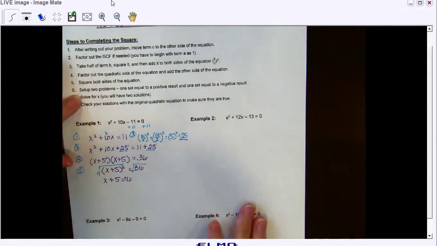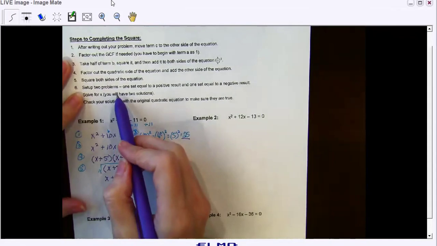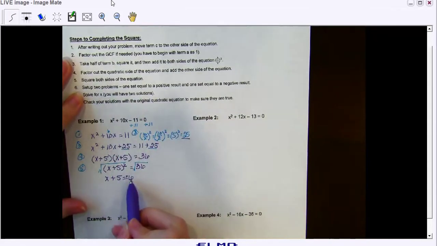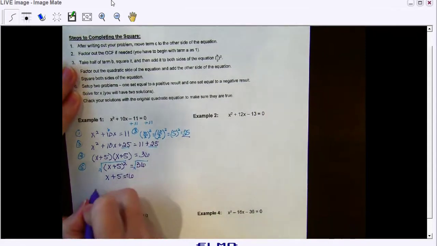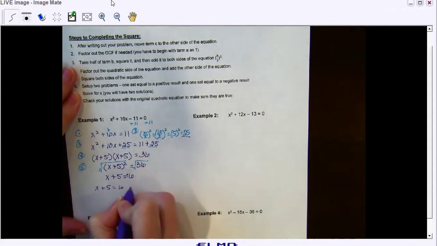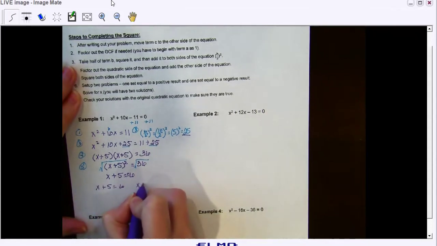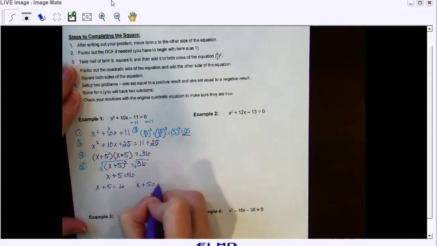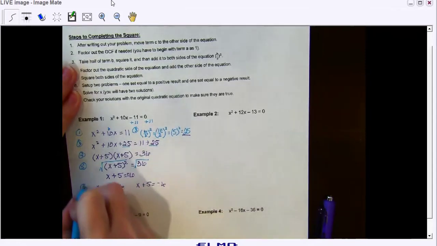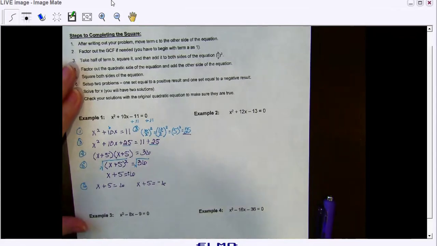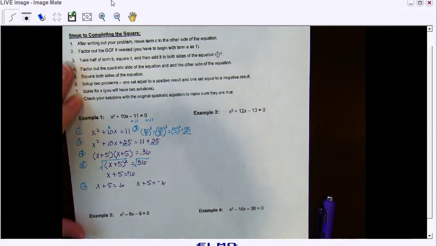All right, step 6, set up 2 problems. One set equal to the positive 6, and one set equal to the negative 6. So let's set that up. X plus 5 equals 6, and x plus 5 equals negative 6. So this was step 6 right here. And we're going to solve it. And that's step 7.